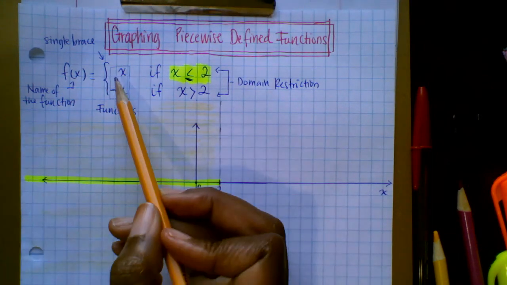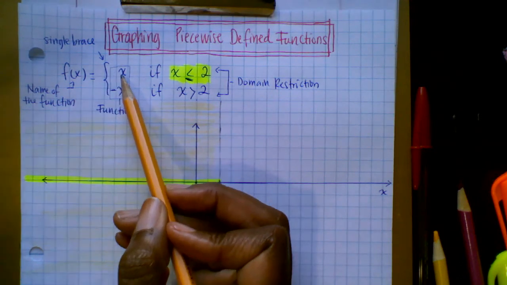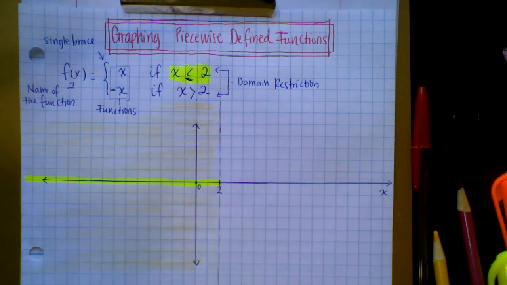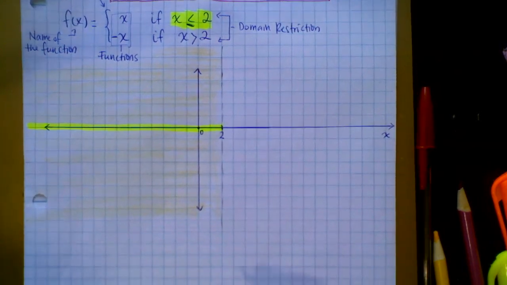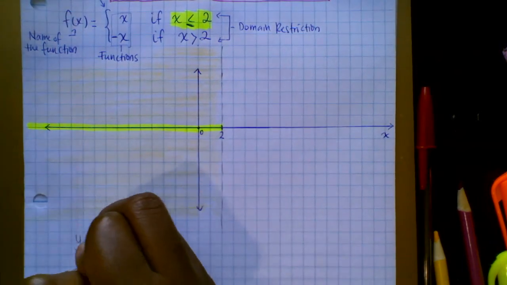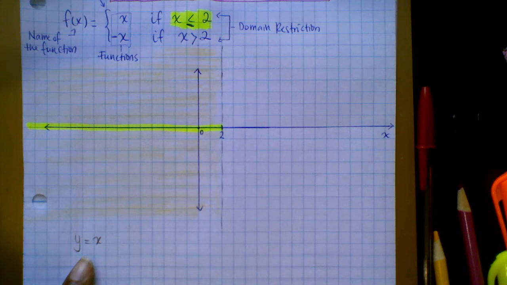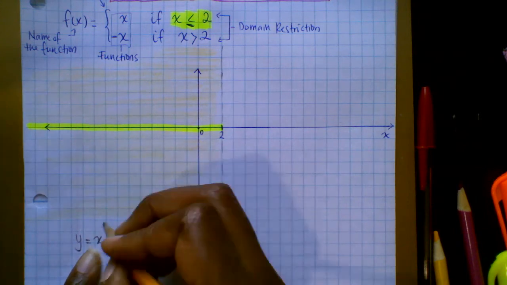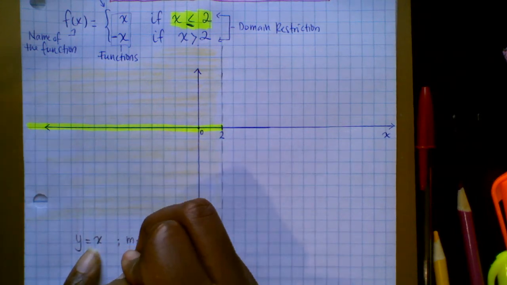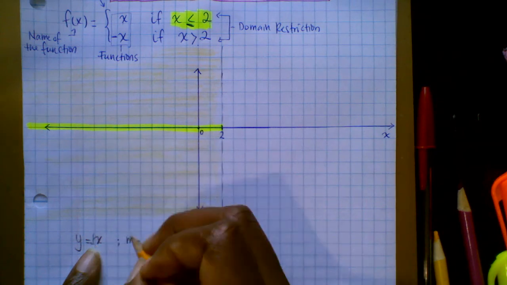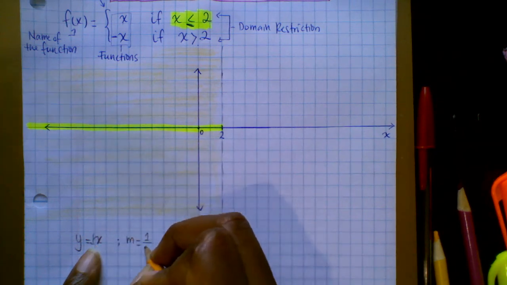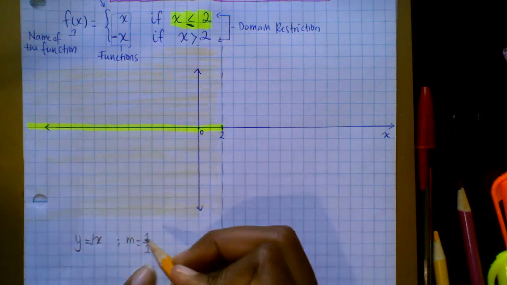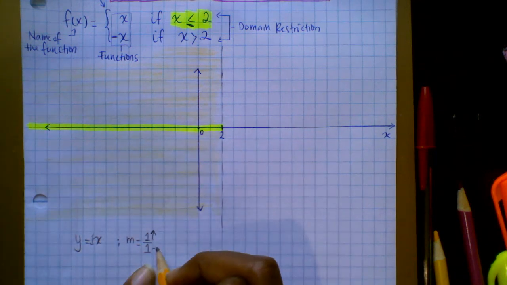Okay, so what am I going to do next? Remember, this is x. So all you want to do here is graph the line y equal x. What do we know about the slope? What is m equal to? m equal to 1, and you turn 1 into a fraction by drawing a line and writing 1 under, which means you're going to go up 1 and move to the right 1.